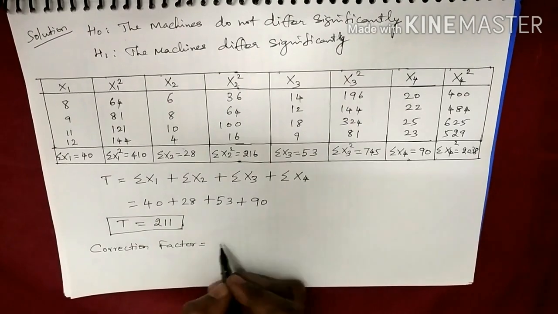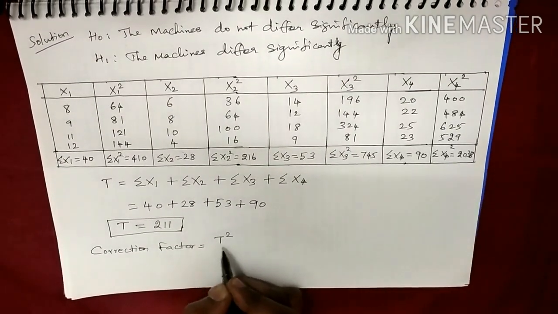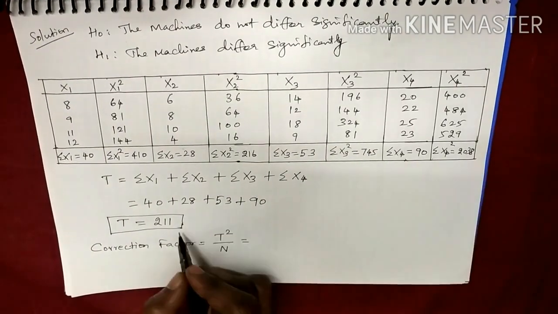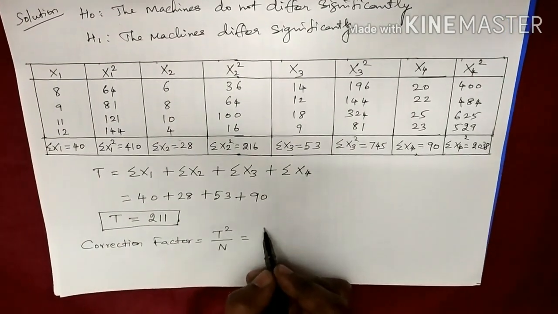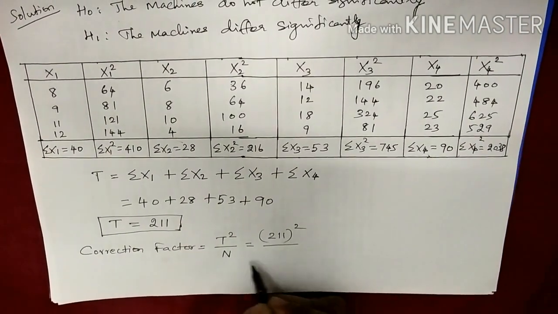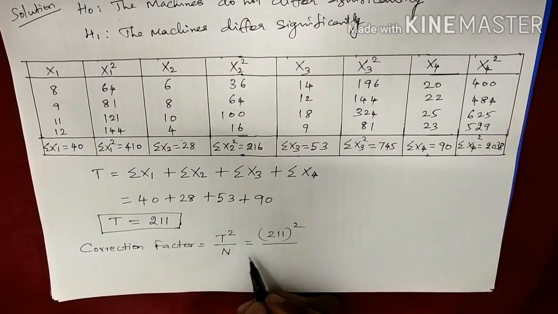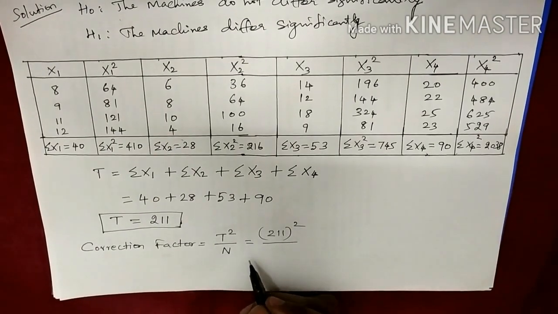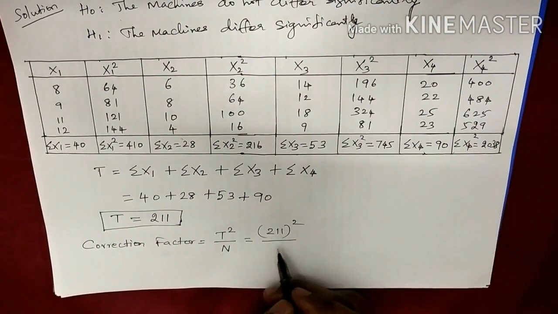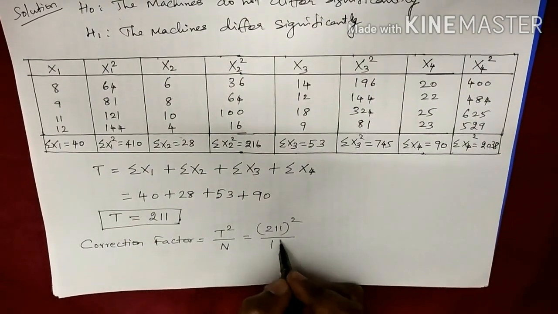The formula is very simple. T square by N, capital N. T square is, this is T, just square them. N is total observations in the question. So there are 4 rows and 4 columns, therefore 4 into 4 is 16.